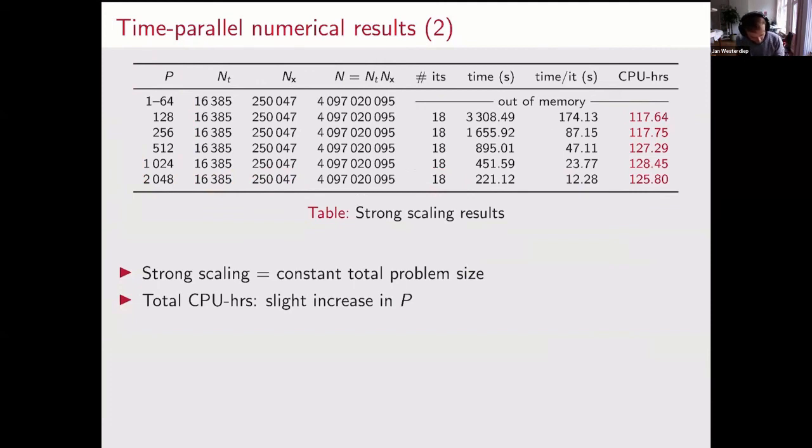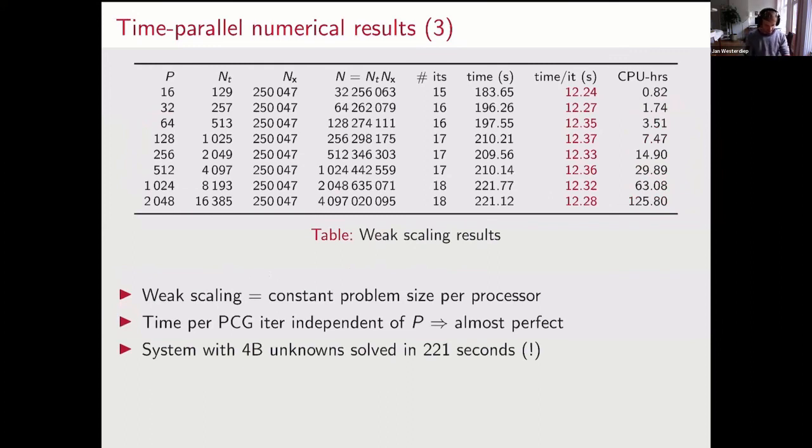If you look at the total number of CPU hours, it increases only by about 10%, going from 128 to over 2,000 parallel processors. So the strong scaling is actually quite good, but the weak scaling is even better.